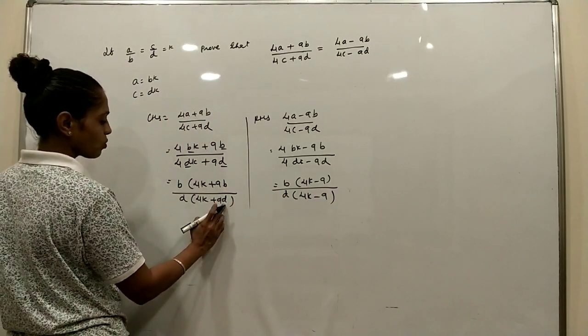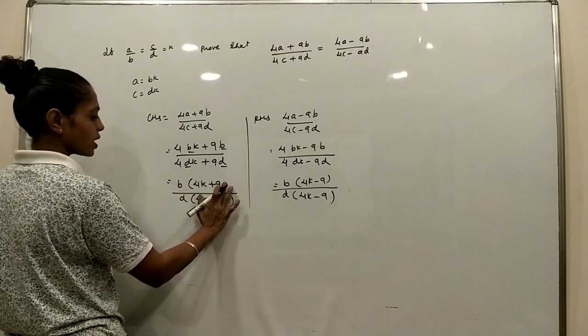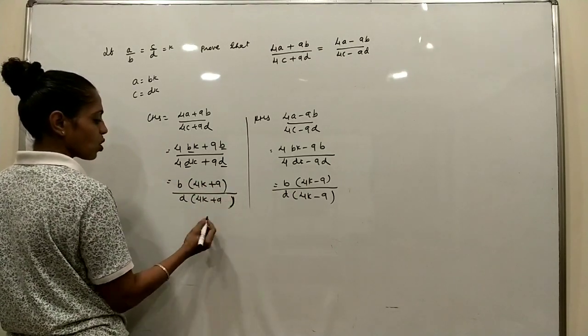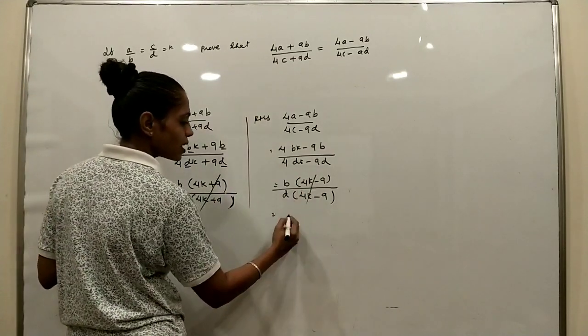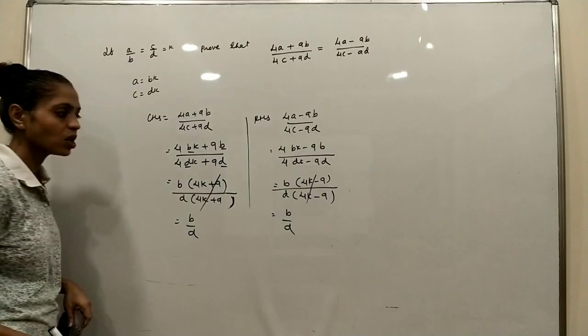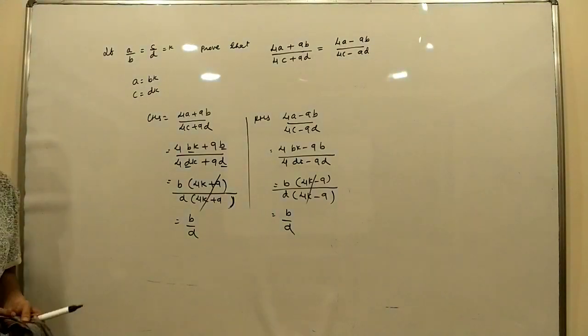The 4k minus 9 cancels, leaving b upon d. Hence LHS is equal to RHS on both sides from the K method.